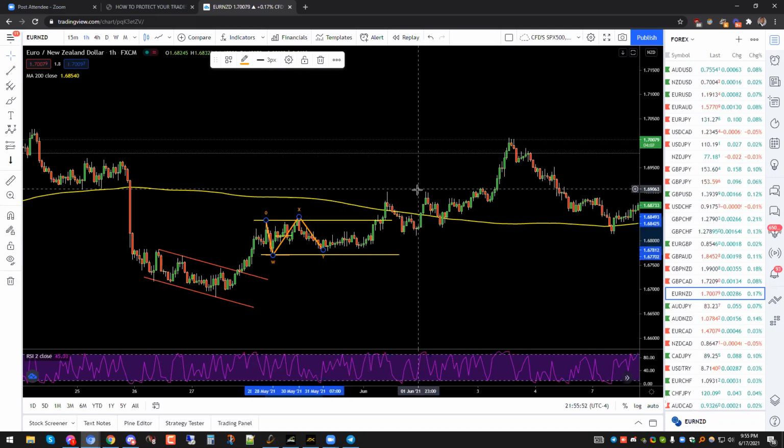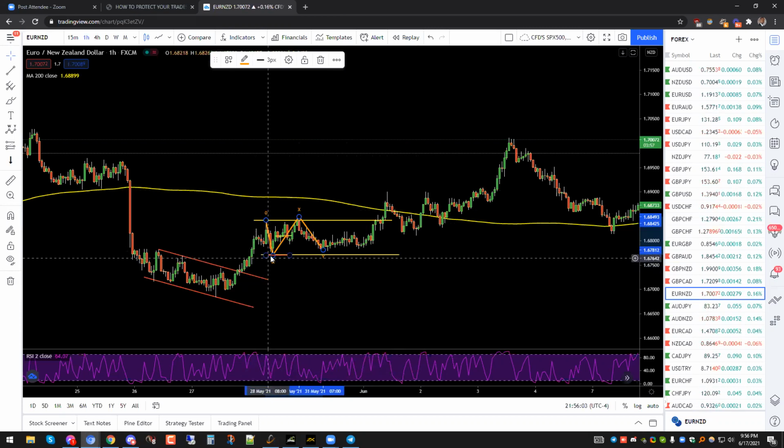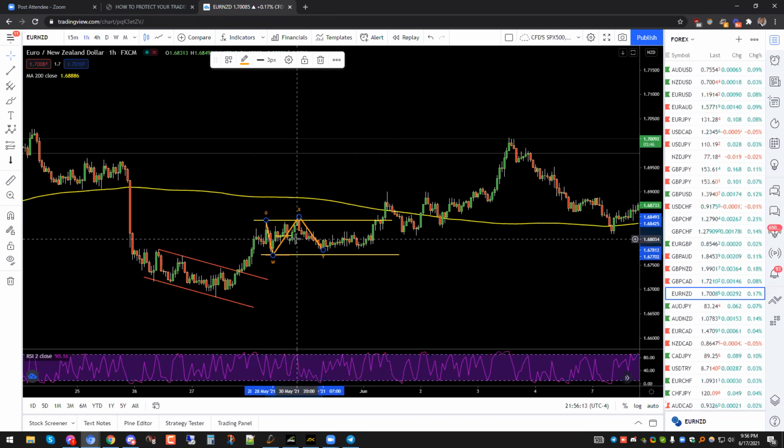Price continues making a move to the upside. When price breaks the high of this correction, that's when you'd be looking to move your stop. But in this case, as you can see, our stop is already at a point where it needs to be placed, because we're not going to bring our stop into this correction. The price can always come back into the correction.